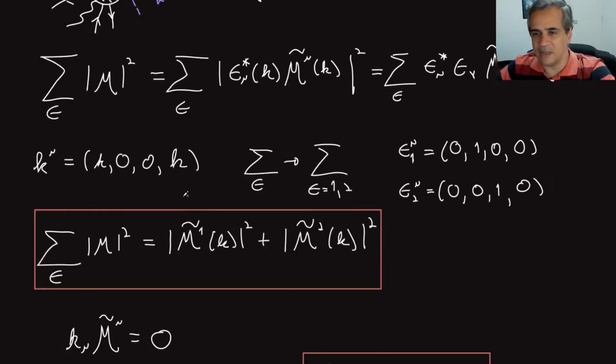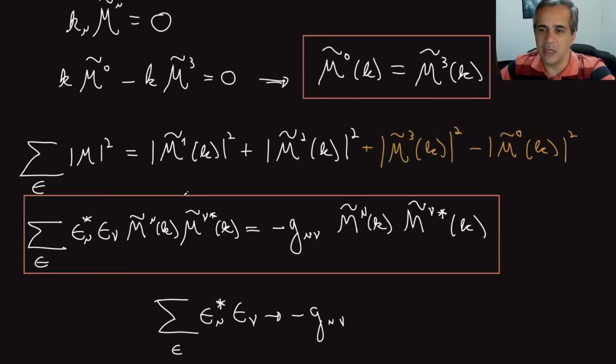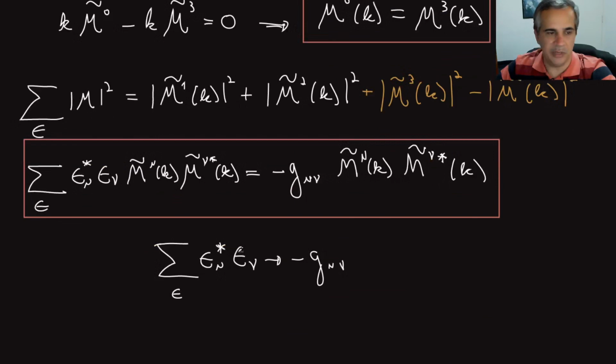So in any scattering that involves photons, it is safe to use this trick to do the sum over all polarizations of the photon and then substitute that sum, in the relation where these indexes are contracted with the rest of the diagram, by minus g mu nu. And that's a very useful way of dealing with photon polarization.